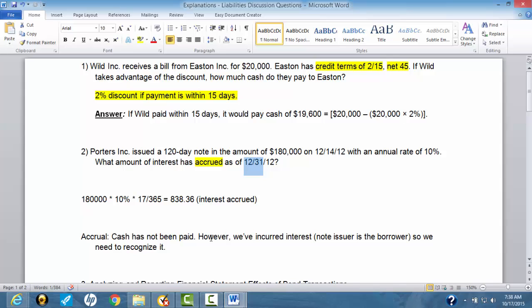So to calculate this interest, we'll do 17 over 365 days multiplied by the interest rate, which is always quoted per year, multiplied by the amount borrowed, which is 180,000. And we will get 838.36, which is the interest incurred for the 17 days. This must be included in the financial statements for 2012. Note that it is an accrual because cash has not been paid.